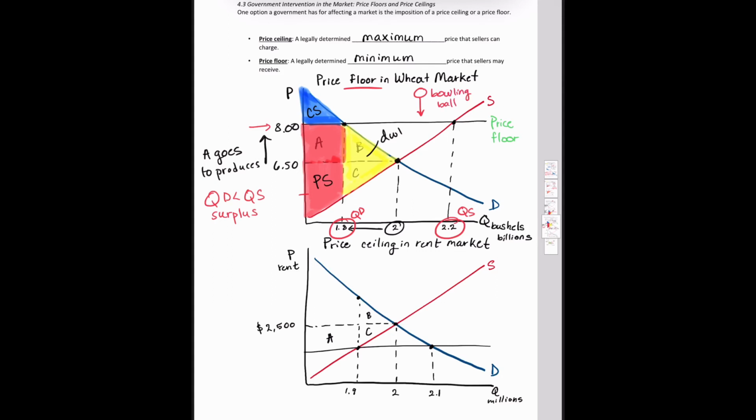All right. So now let's move on to a price ceiling example. I know this has been a lot, but we're going to keep going and talk about price ceilings.